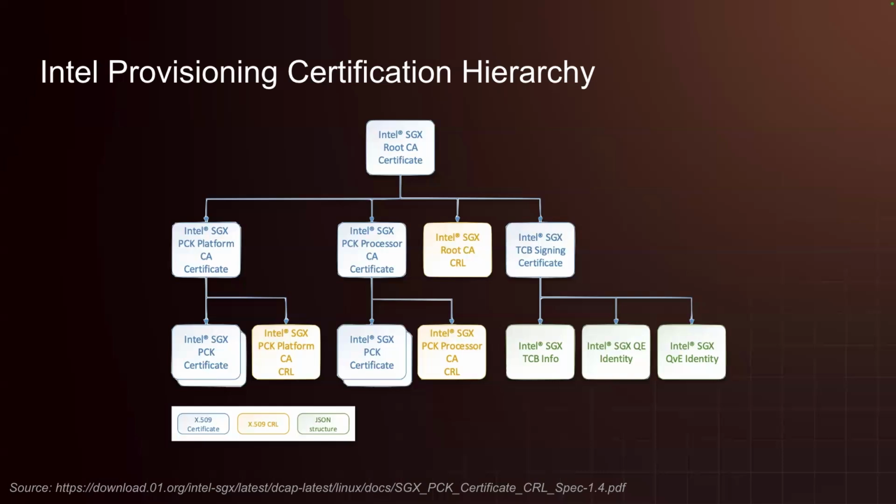I think I went a little bit too deep in there, but we can have a discussion later. There's an interesting line of work that we are pursuing, where we would not rely on the Intel root CA certificate to perform our remote attestation.